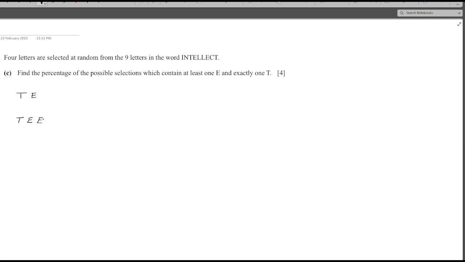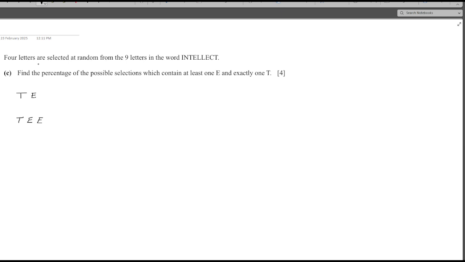So when exactly one T and one E is selected, we find the percentage of possible selections which contain at least one E and exactly one T. So here the first case is that I have exactly one E and exactly one T. If I have already selected these two alphabets, I have to select only two more. Out of 9, I will subtract 4 first, because I will remove all two T's and two E's.